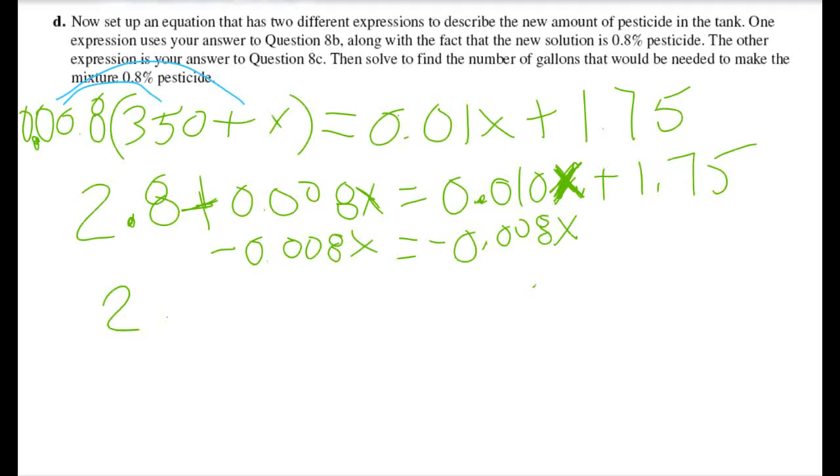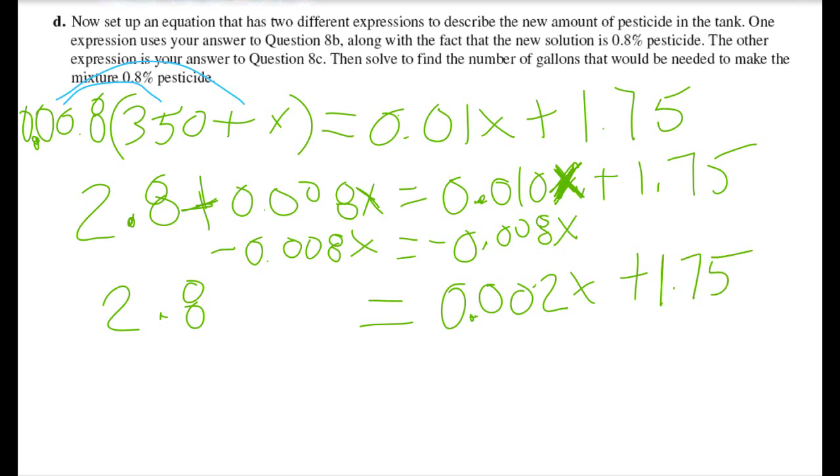So now I have 2.8 equals 0.002x plus 1.75. I can now subtract the 1.75 from both sides.